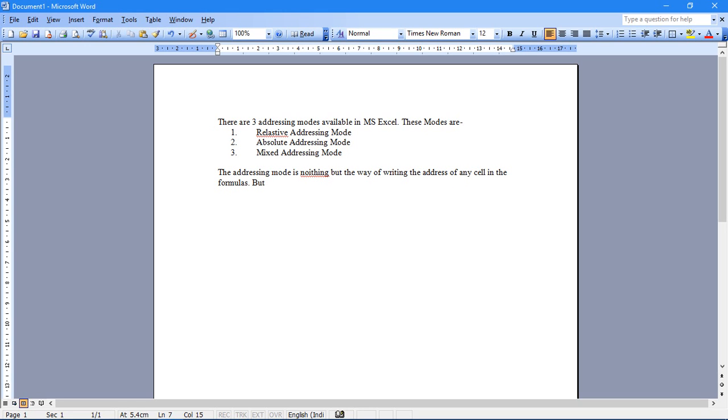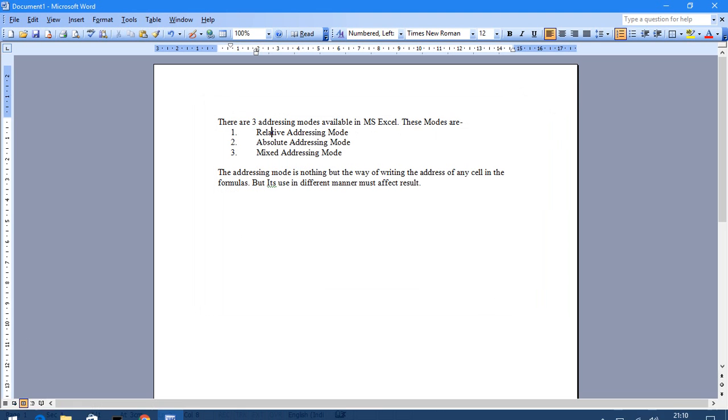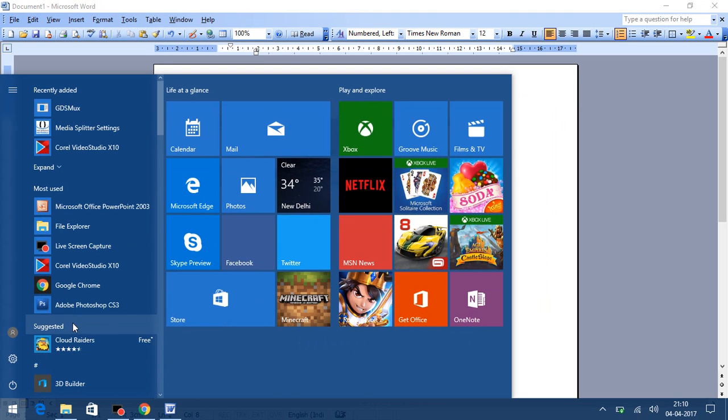But its use in a different manner must affect the result. I will show you the effect in future lessons if possible. Now I'm opening MS Excel.